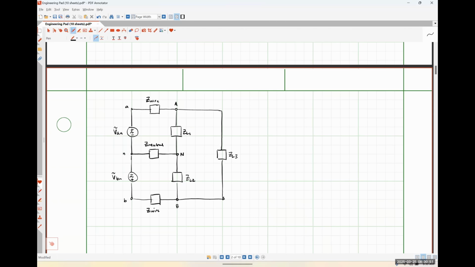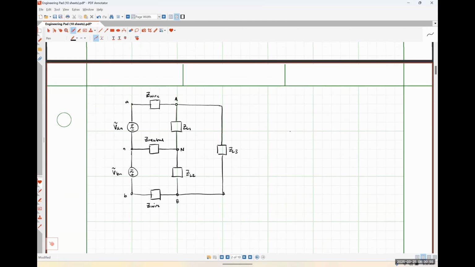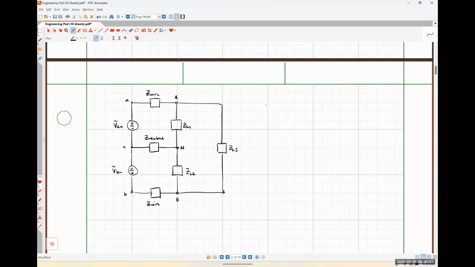So if we had a system where, let's say, Z wire was equal to 0.1 plus j0.08 ohms.